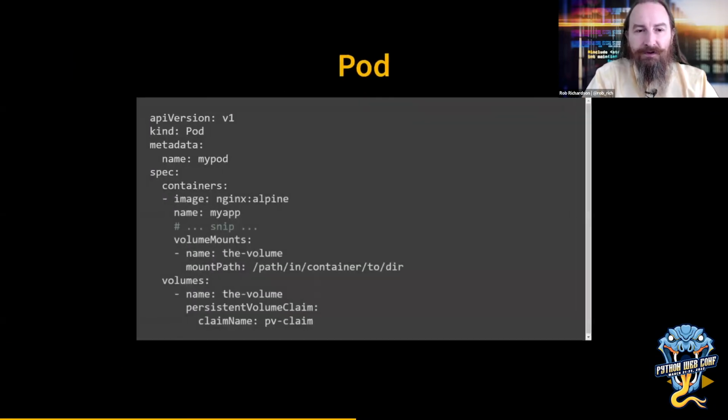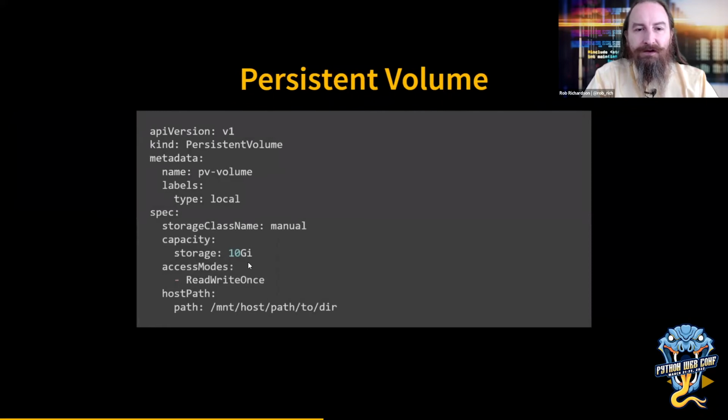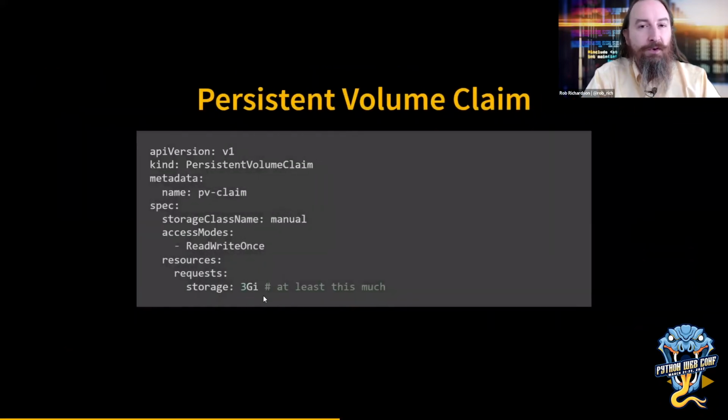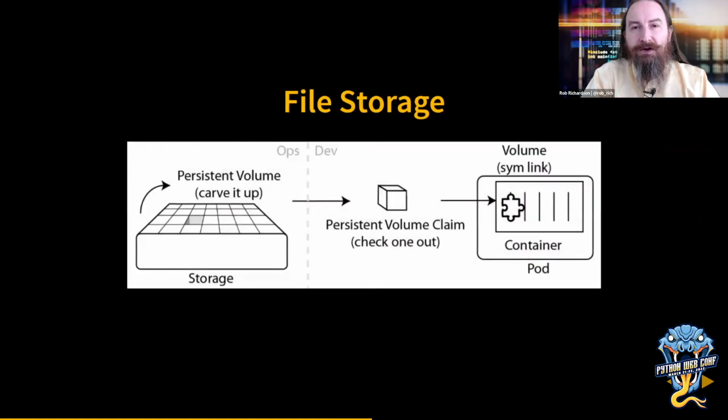If you noticed carefully, this one asked for 3 gigs, and the volume was 10 gigs. It matched because it was 3 gigs or better. That's great. So we don't have to be really precise on the storage needs. We just need a persistent volume that is at least as big, matches the access modes and the storage class name. And we get that nice separation.